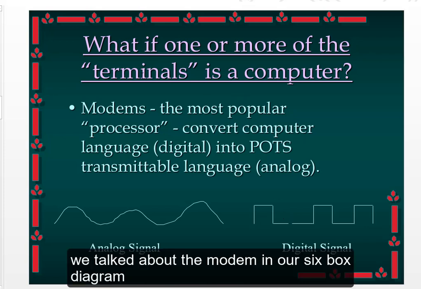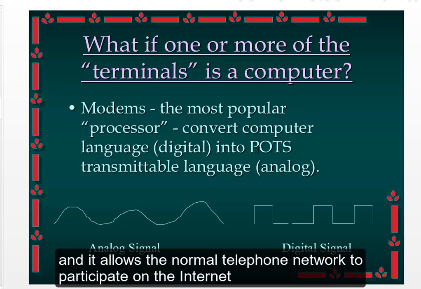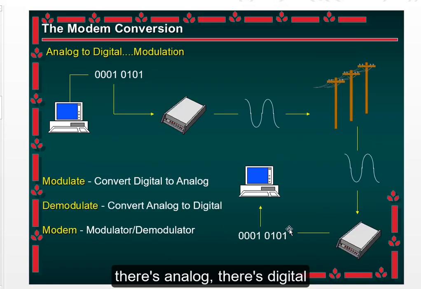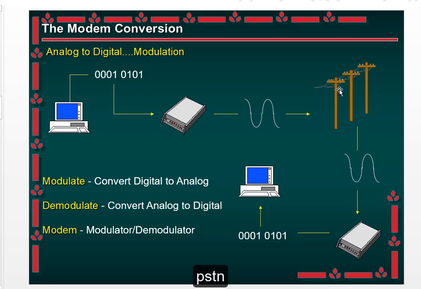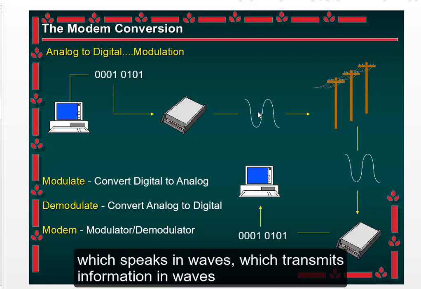We talked about the modem in our 6-box diagram, and it allows the normal telephone network to participate on the internet. There's analog, there's digital. Great picture. Grandma has a computer which speaks in ones and zeros, but Grandma is connected to the PSTN, which transmits information in waves.